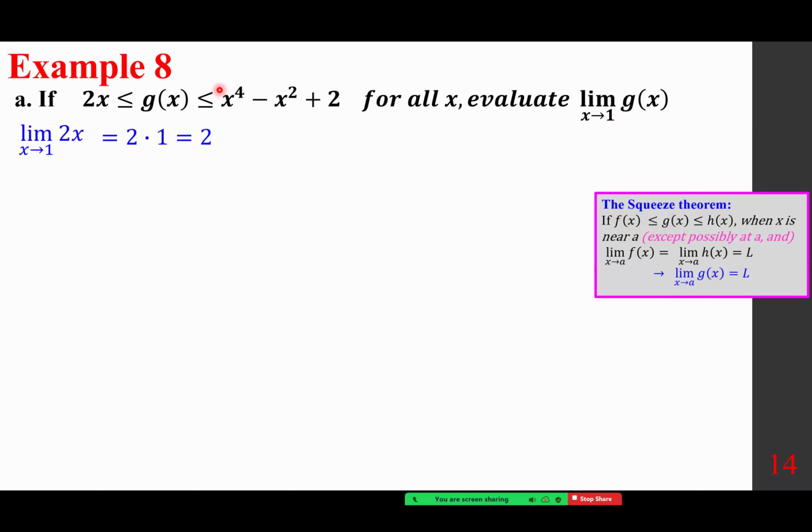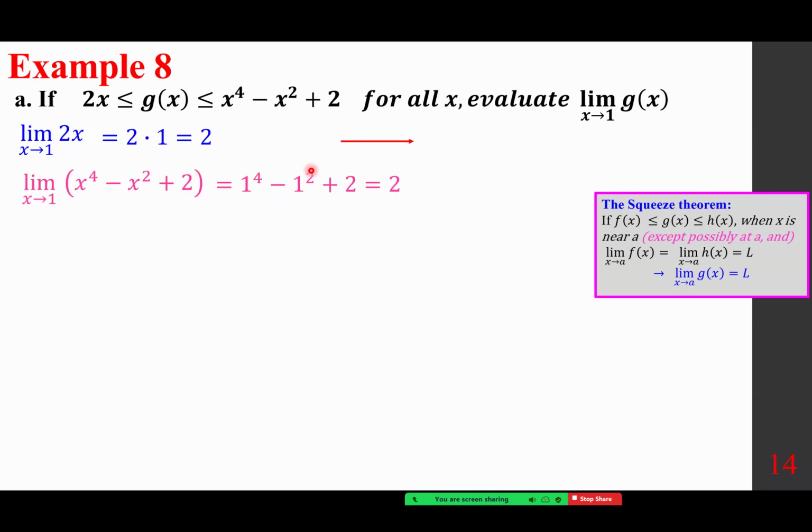Let's take the limit of the right function, x to the power 4 minus x squared plus 2, as x approaches the same number, 1. So if you plug in, you get 1 to the power of 4 minus 1 squared plus 2, and you get 2.